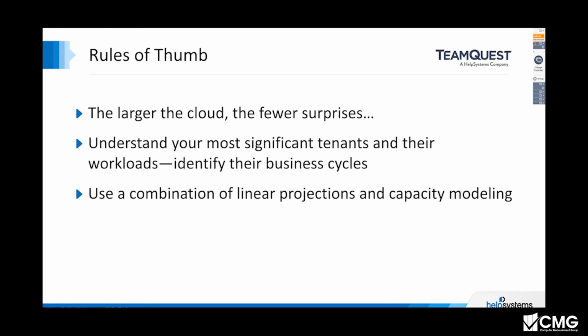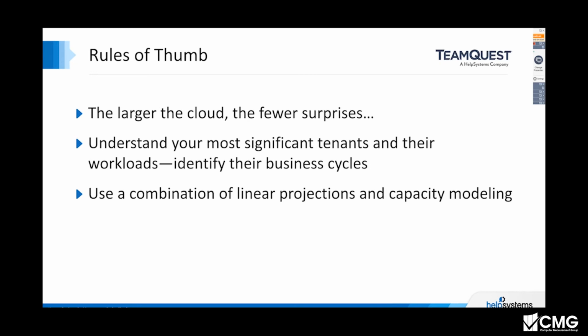Number two, you need to understand your most significant tenants and what they are. What are their business cycles? Are they offering a retail service, or is it a big data kind of workload where you have a relatively predictable and sustained level of activity?